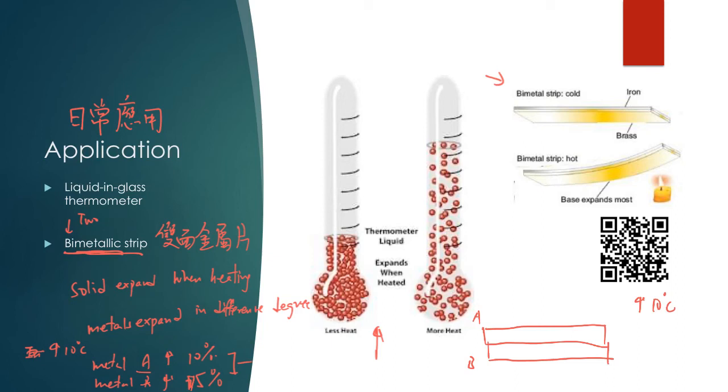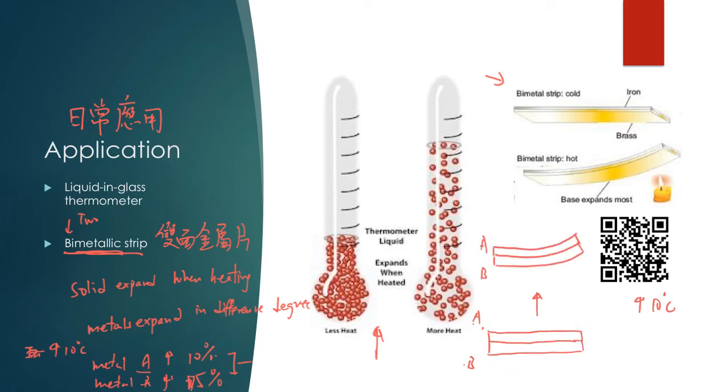So you would expect that if we increase the temperature, this metal strip eventually would bend. So it would bend upward. Sorry for my poor drawing skills. Because B expands more. So you can go home and check this video. You're going to see more about the bimetallic strip. Usually this is used in some devices that depend on the change in temperature, for example, some heaters.